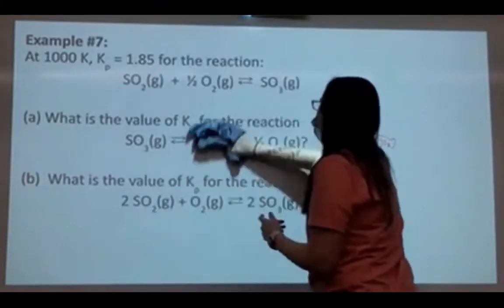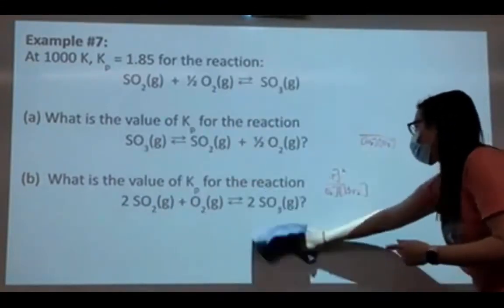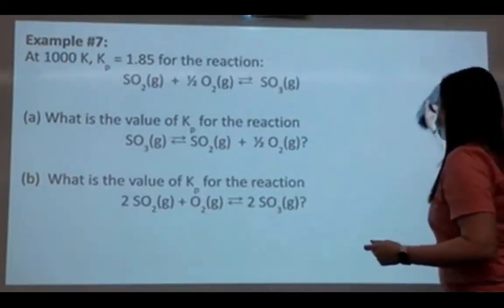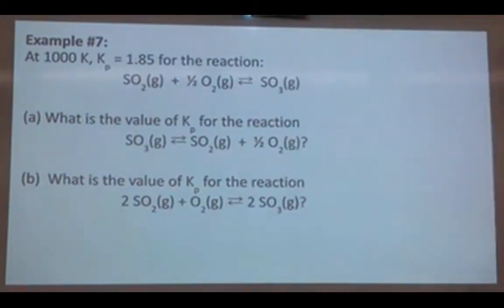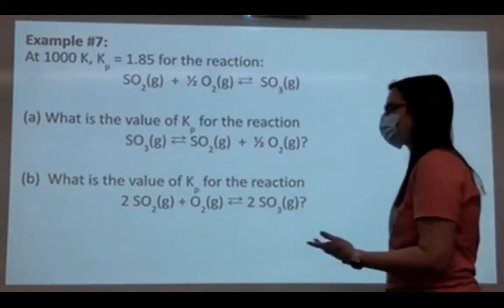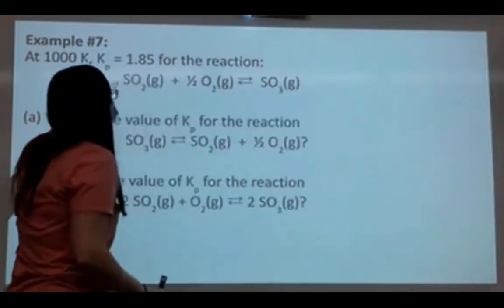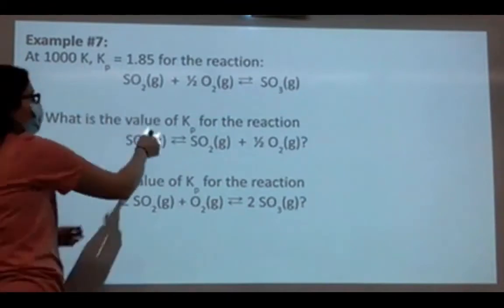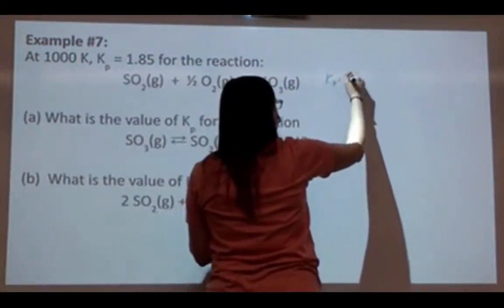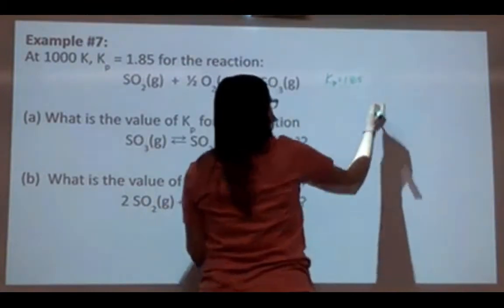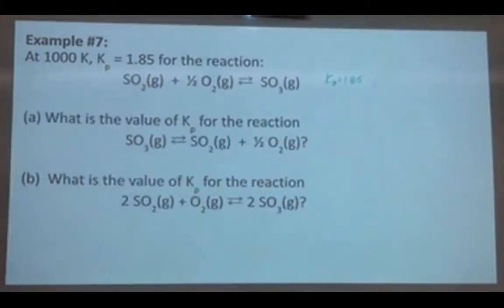So it's always important to make sure that you're reading whether one's Kp or Kc, the values are different, but they're calculated the same way. They're just different types of equilibrium constant expressions. So Kp is 1.85 for this reaction. So typically the way that you'll see it written is like this. You'll have the reaction and then you'll have your K written off to the side.